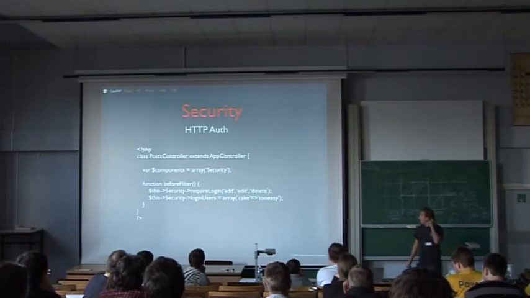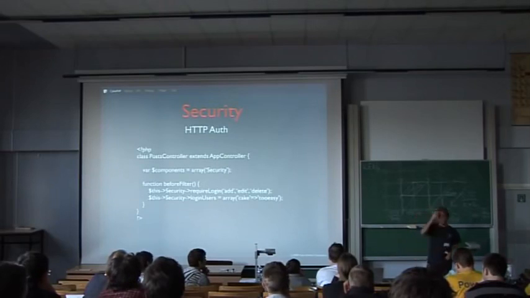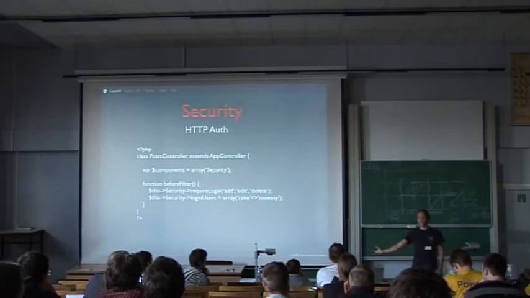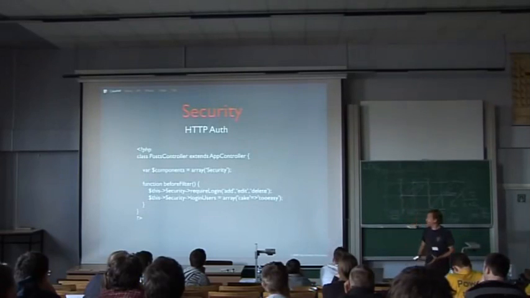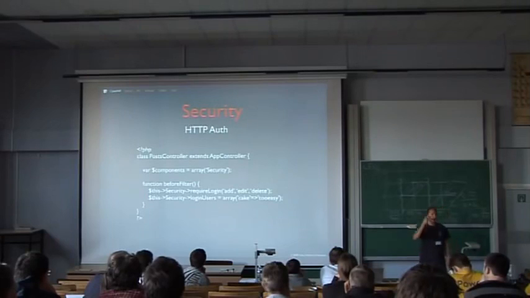So the other thing that the security component does when you add it, as soon as you add it, it does something to protect against cross-site request forgeries. So what can happen in that case, if you're not familiar with it, is basically somebody could create a form on some other site, on their own site, let's say, and it's going to actually post back to your site. And you wouldn't know. You wouldn't know where it's coming from. It looks like any other form post might.